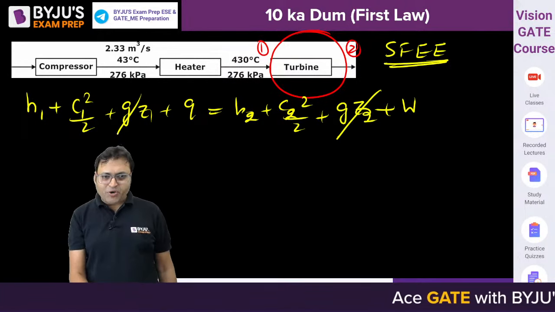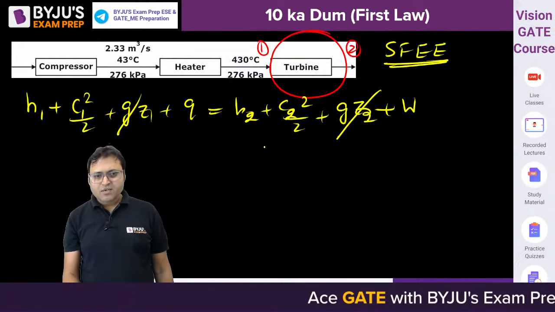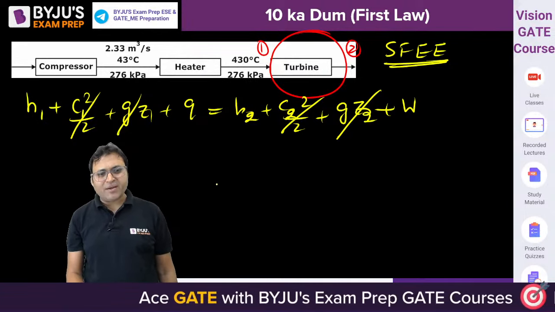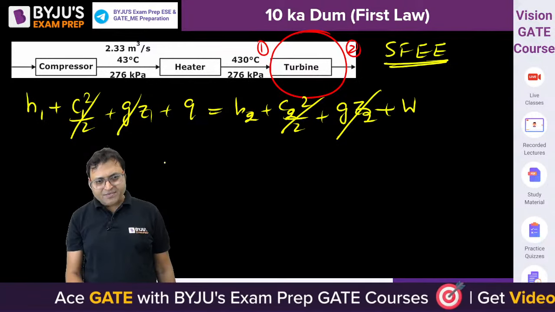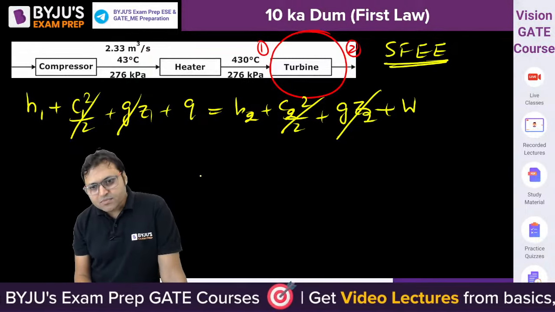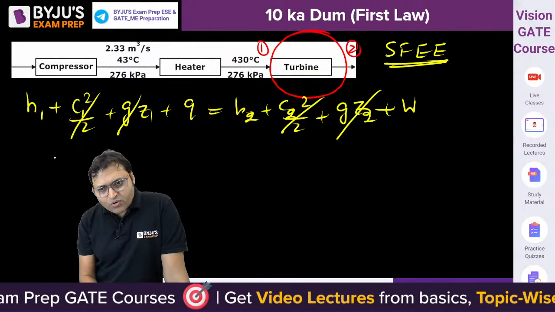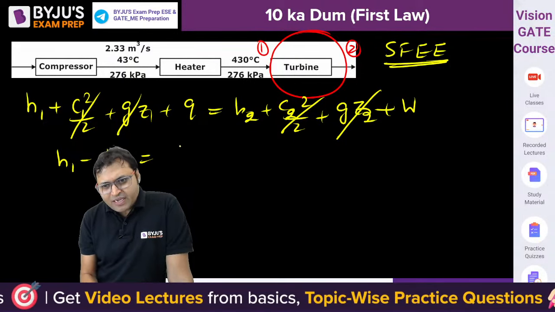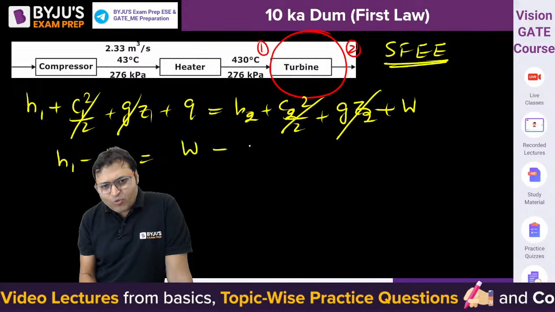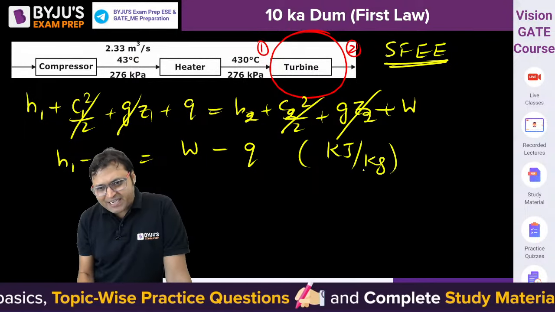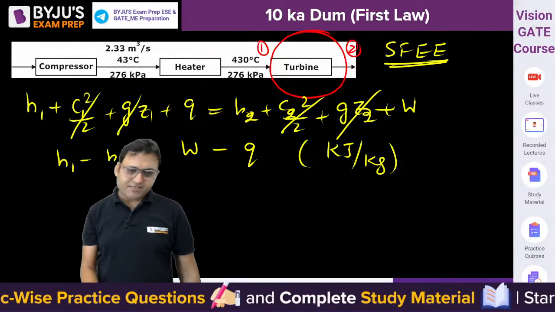There is no change in potential energy, and no change in kinetic energy across the turbine. So H1 minus H2 is equal to W minus Q. What is the unit? That is kilojoule per kg.